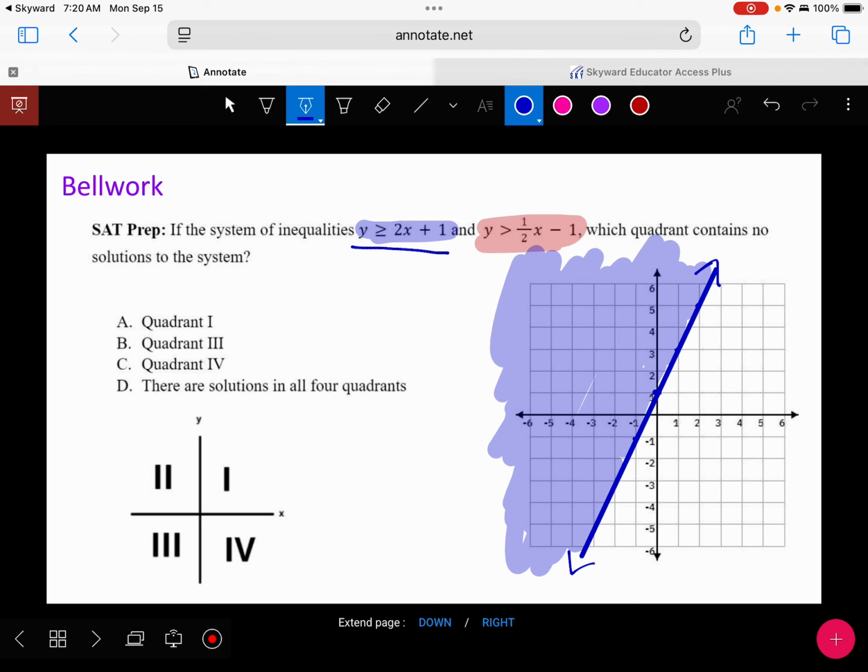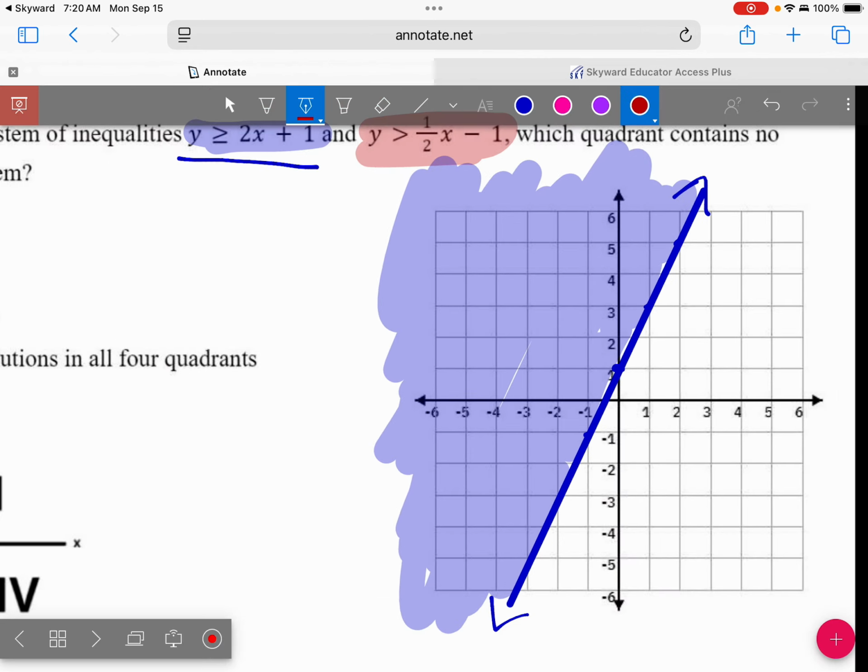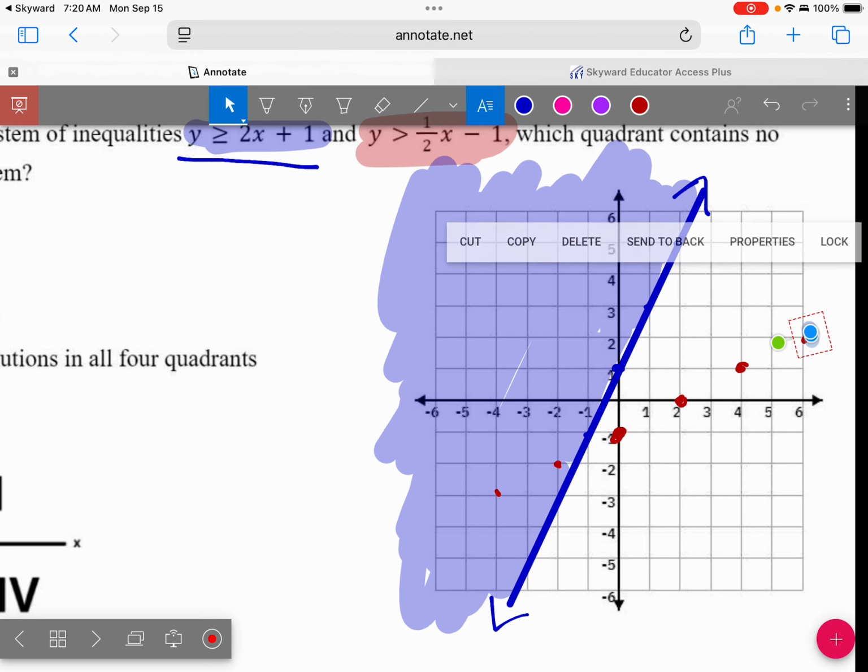And then the second line is very, very similar, except we're starting at negative 1. We have our slope of 1 over 2. It's going to look like that. This one gets a dotted line because we are greater than, not greater than or equal to.